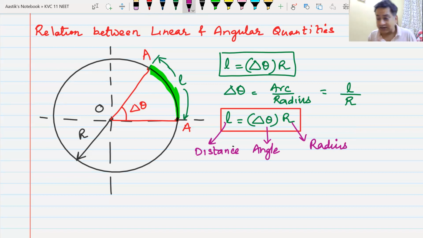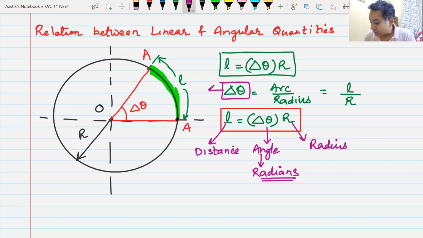So if someone tells us a body has turned through some angle, we can find out how much distance it has traveled. Remember, this angle must be in radians. You cannot use the angle in degrees because that will not give you the correct answer, because the angle that you get here is also in radians.